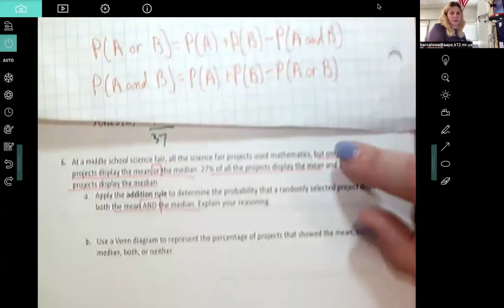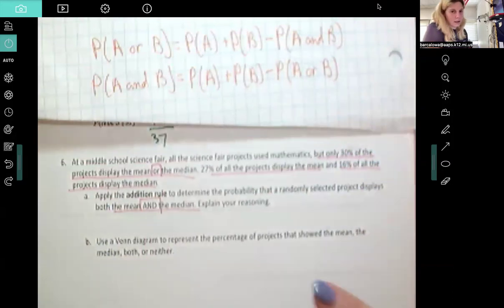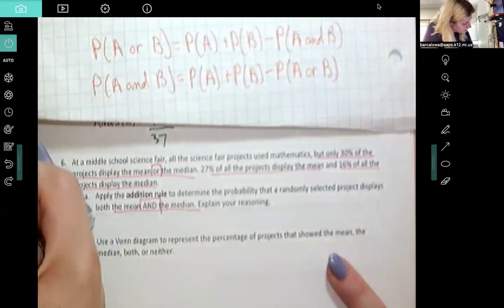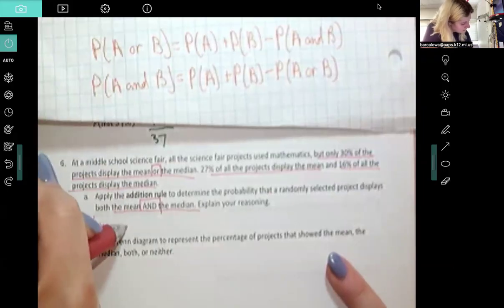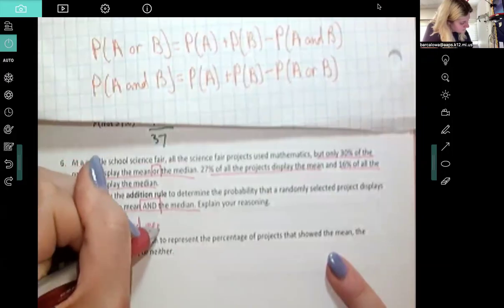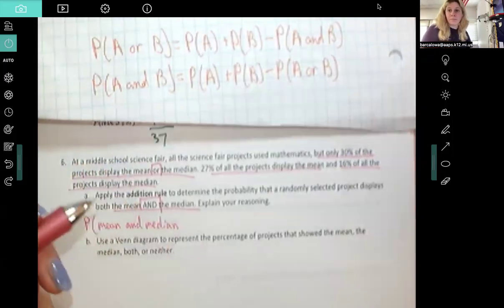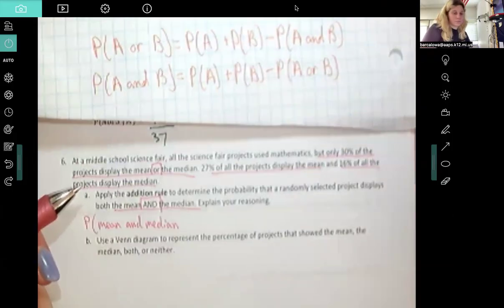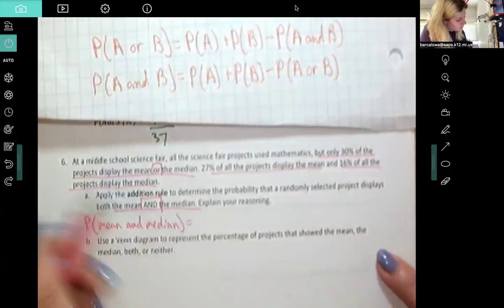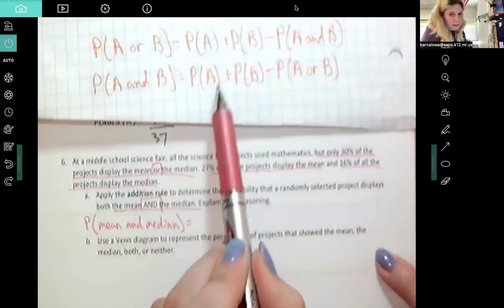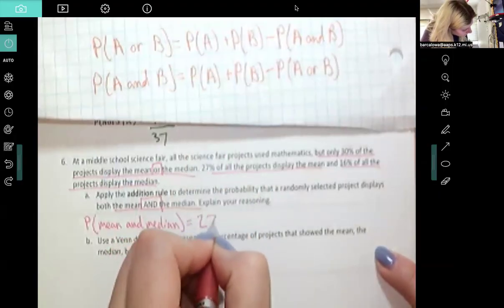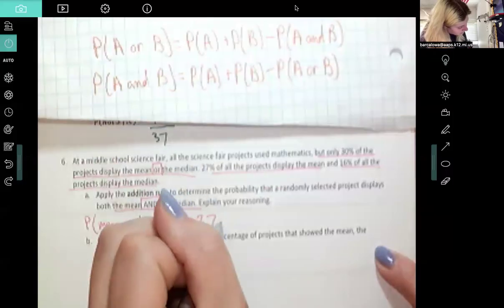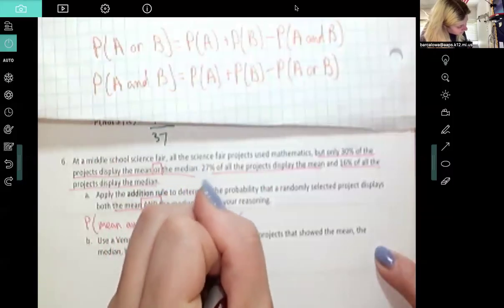So if I'm trying to find the probability a project displays both the mean and the median, well, the probability of mean and median is equal to the probability of just the mean, so 27, plus the probability of the median, 16.